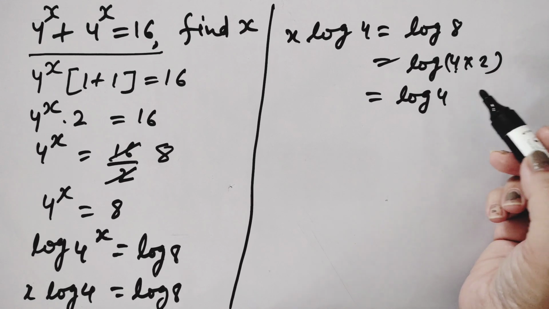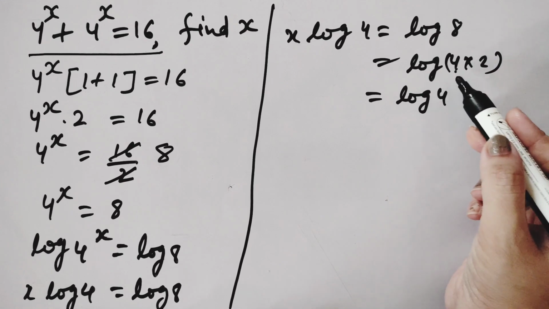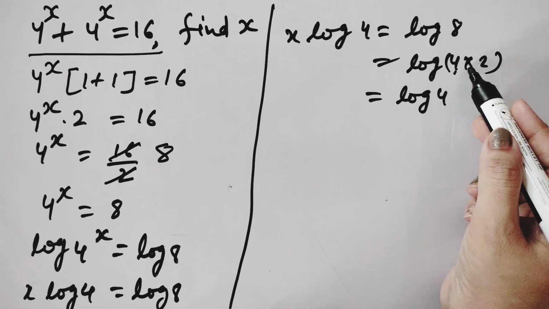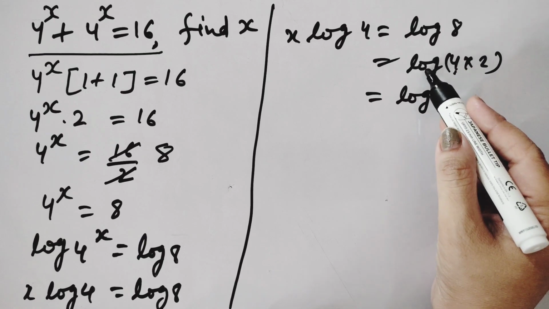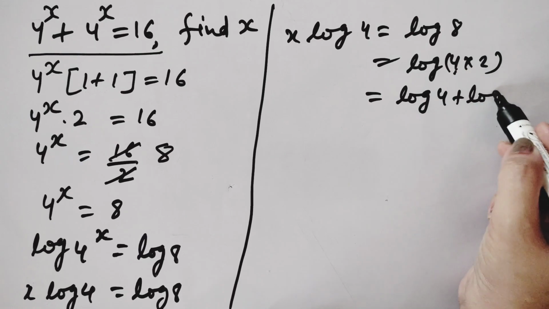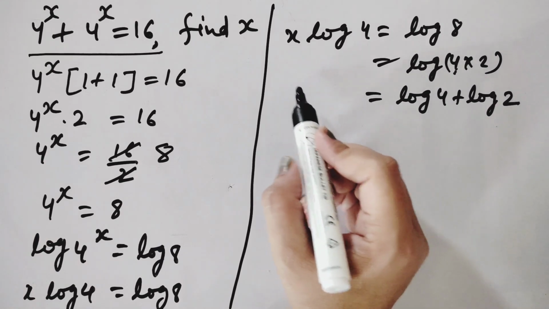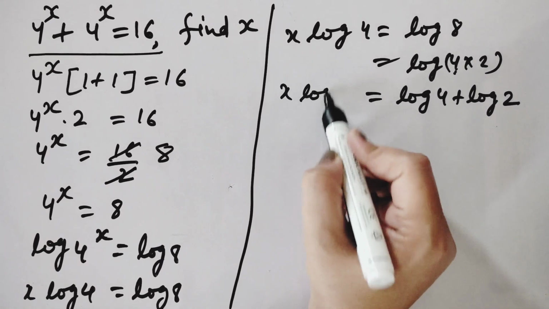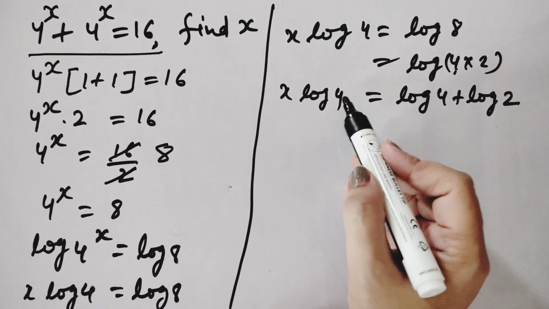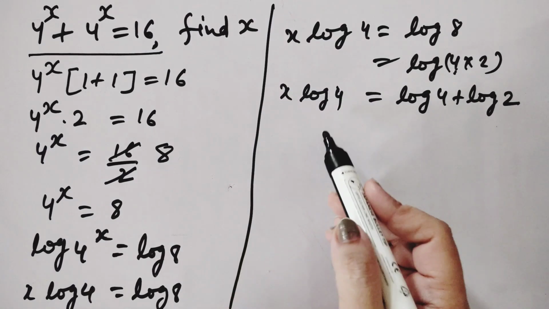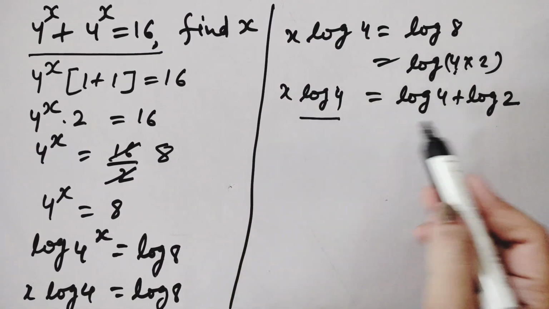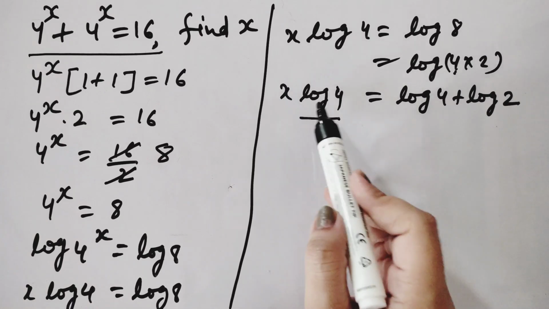Now we are using the rule of the log: if two numbers are in the product form, the log will convert to log 4 plus log 2. Now after that it is x log 4. You can see the log 4 here and the x into log 4.